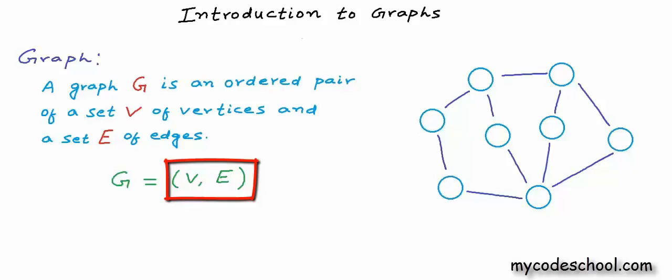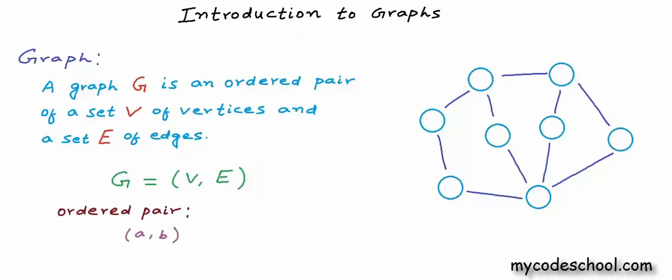Now because the order here matters, we can say that V is the first object in the pair and E is the second object. An ordered pair (A, B) is not equal to (B, A) unless A and B are equal. In our definition of graph here, the first object in the pair must always be a set of vertices and the second object must be a set of edges. That's why we are calling the pair an ordered pair.